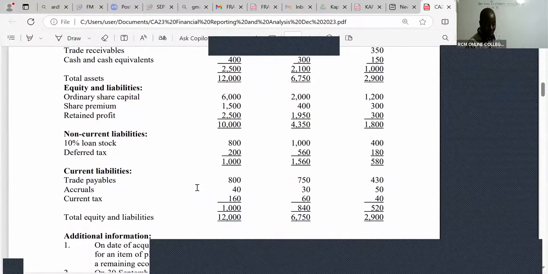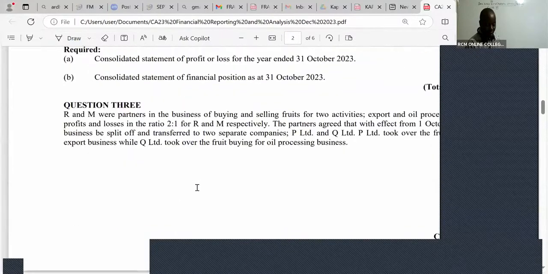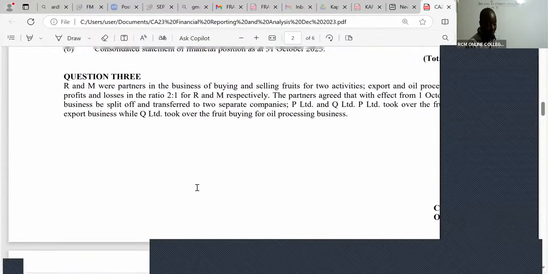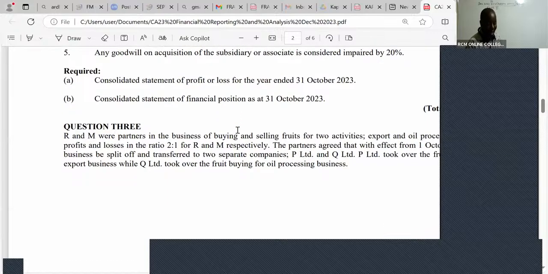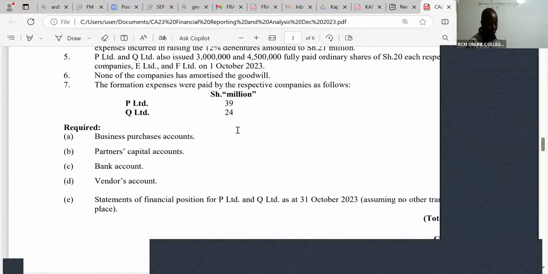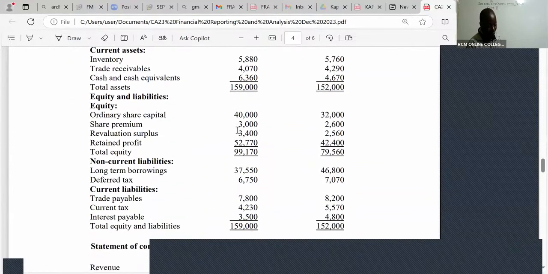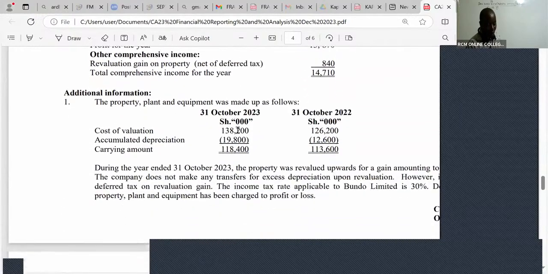You can see that in this sitting they gave us a group statement of profit or loss and a group statement of financial position, very, very important. And in the same sitting, they also tested the concept of cash flow. They never miss.